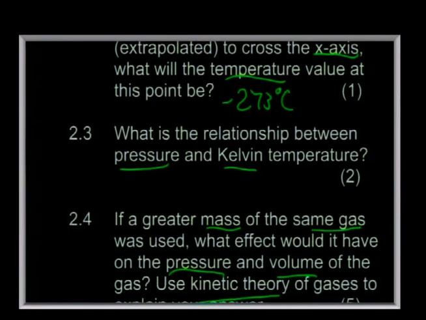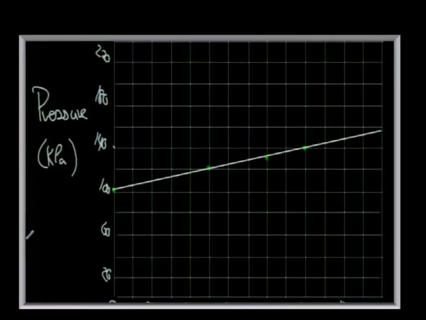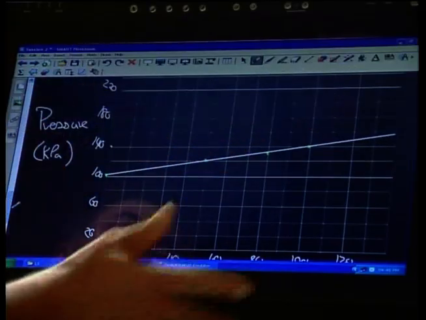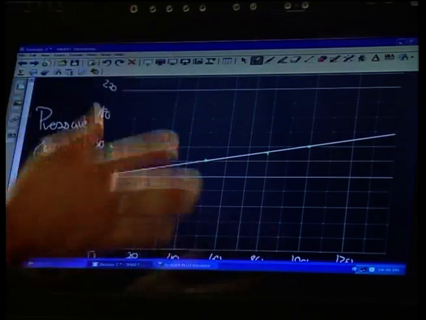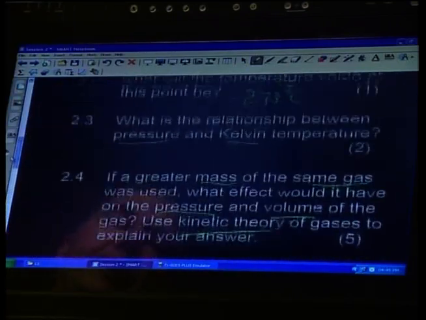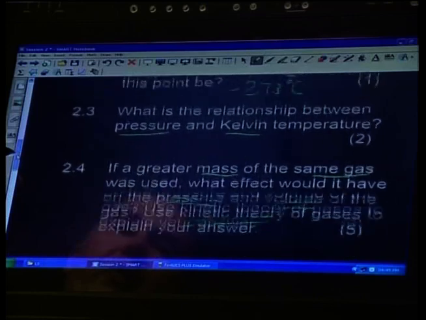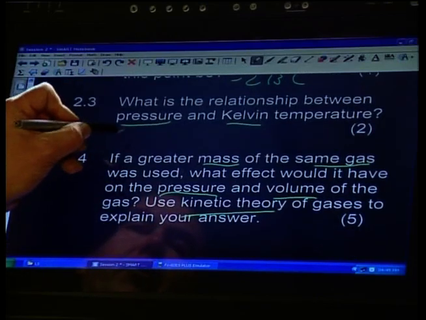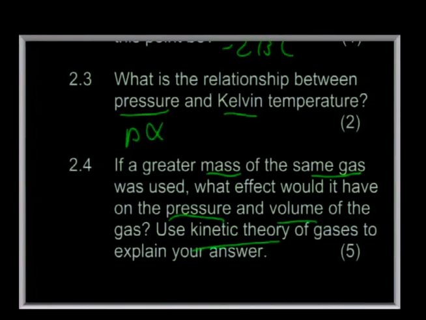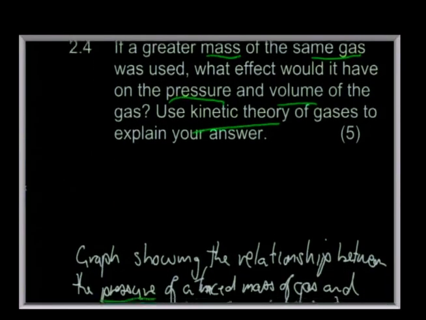What is the relationship between pressure and temperature measured in Kelvin, or Kelvin temperature? Well, if we looked at this graph that we've just drawn, it's a straight line, yes, but it's not going through the origin, so it's not directly proportional. But if it was on the Kelvin temperature scale, then we would say pressure is directly proportional to temperature measured in Kelvin. So we've got that answer, very important there.